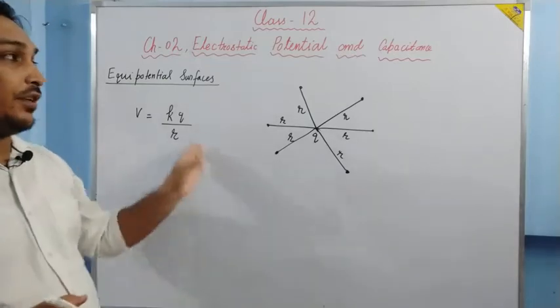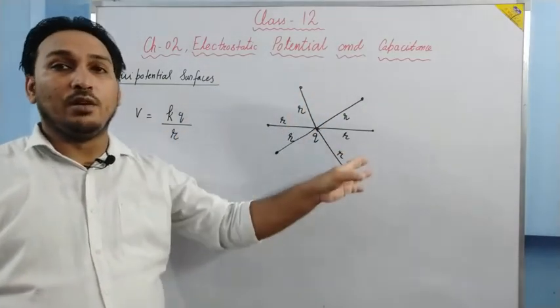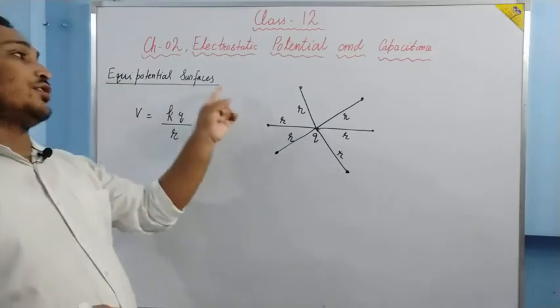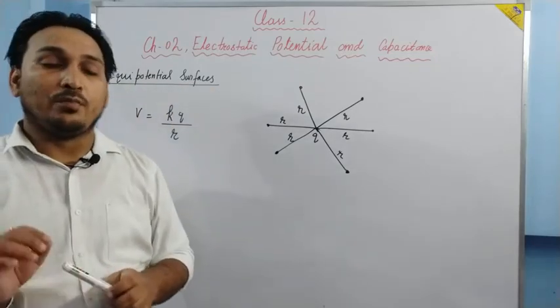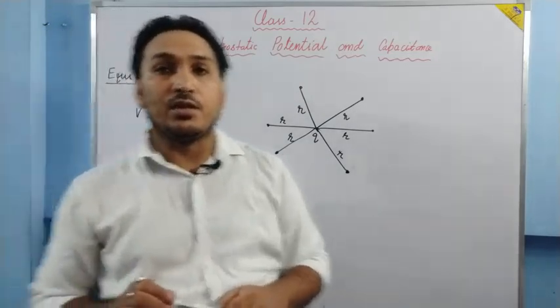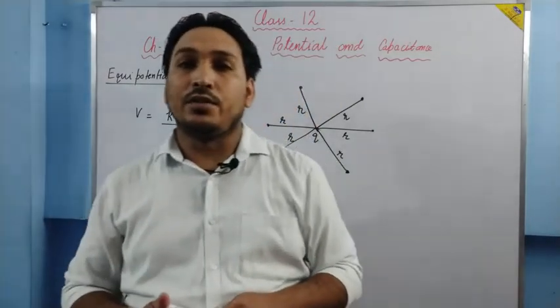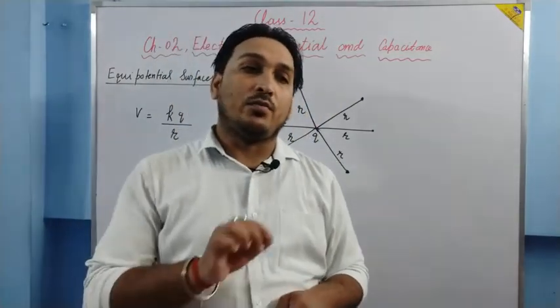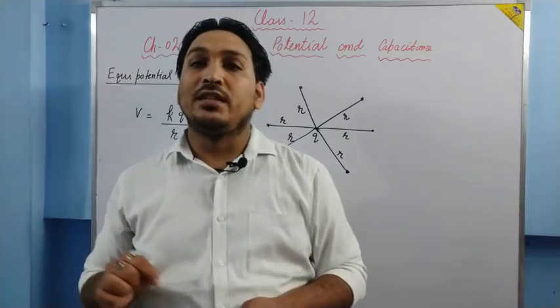So that very surface of the sphere will be an equipotential surface. So basically, the equipotential surface is a continuous surface at which potential at each point is the same.